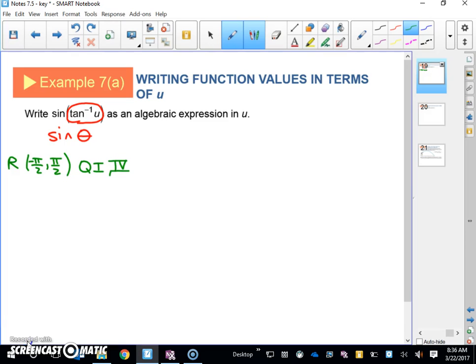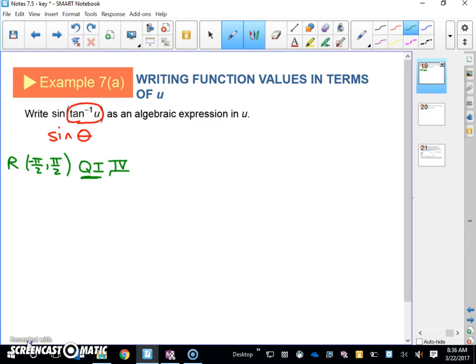Now, because u is a variable, I don't know at this point if u is positive or negative. So we don't really know if that's in the first or fourth quadrant, but it turns out that it doesn't matter because it's a variable. It's going to work out the same either way. So let's just draw it in the first quadrant.